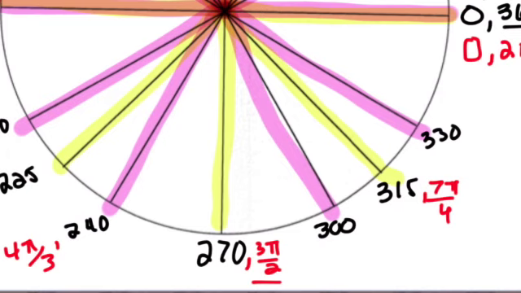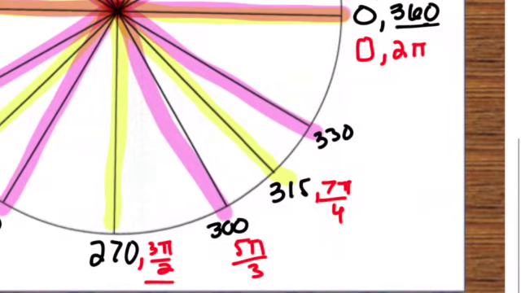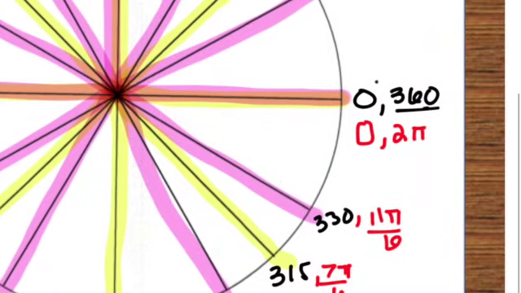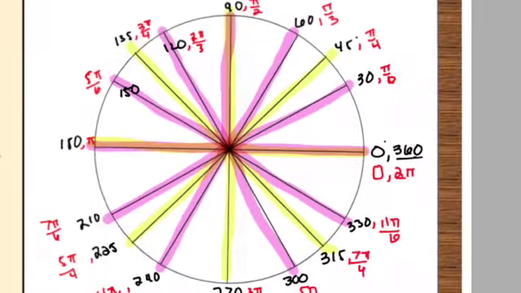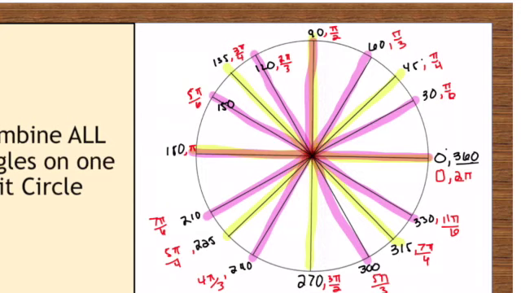Then 10 pi over 6, which is the same thing as 5 pi over 3. And then I've got 11 pi over 6, and that doesn't simplify. And then I've got 12 pi over 6, which is 2 pi. And there we go. Now we have the unit circle with all angles in degrees and radians.